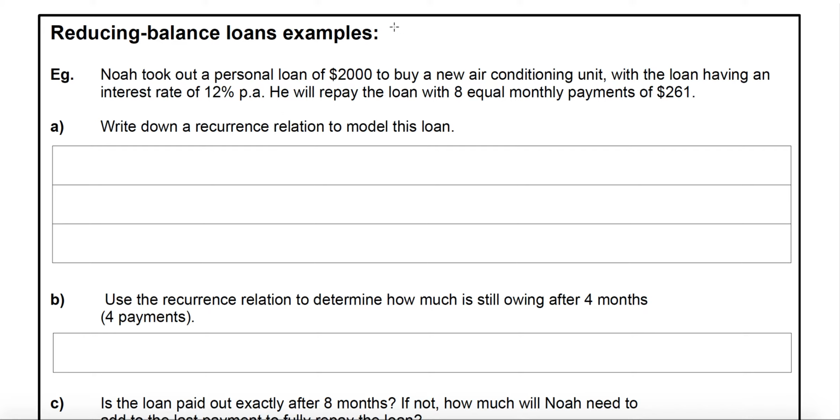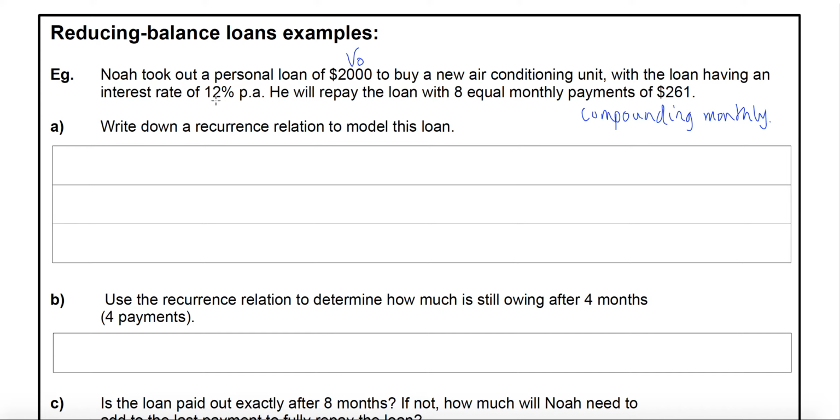Okay, so once you've had a go, here we have a loan of $2,000 V0. We have an interest rate of 12% per annum, but you'll see here that it is a loan that's got 8 equal monthly payments, so it's compounding monthly. Remember, that's going to compound when you make a payment.